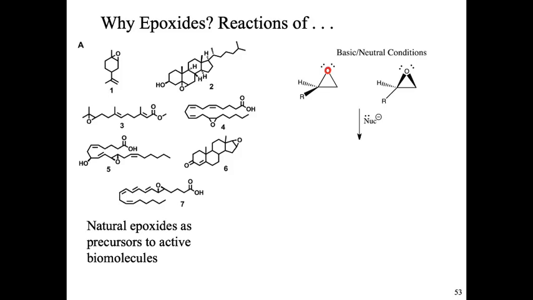Okay? There are 3 bonds in the epoxide. Which of those 3 bonds is least likely to break? Red, green, or blue? Blue. Why? Because the book didn't show that one. Do better.